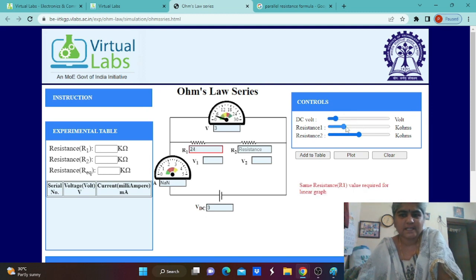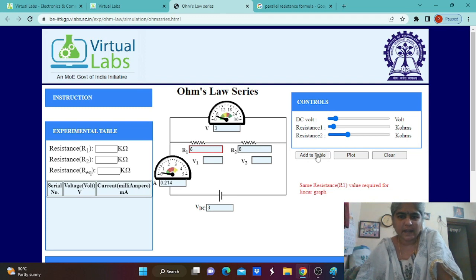Initially, I take R1 below 15. Here I consider R1 value equal to 6 and R2 value equal to 8.